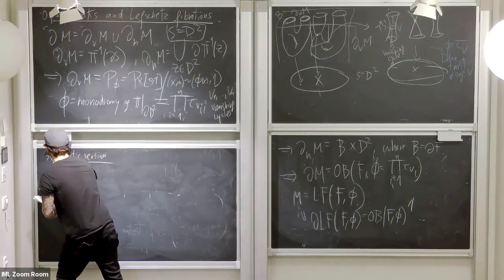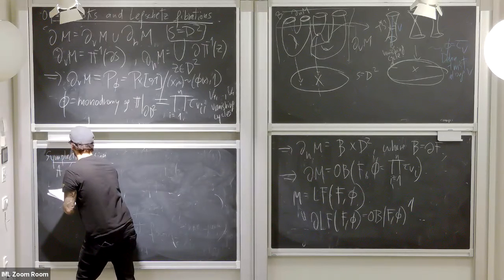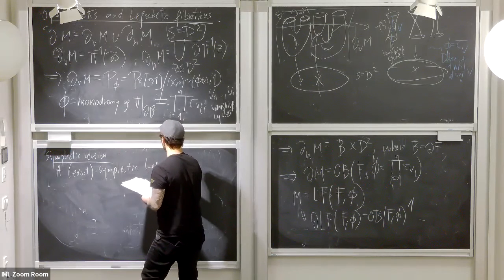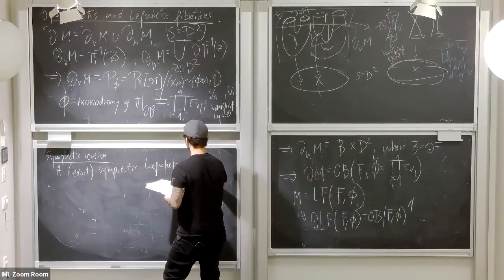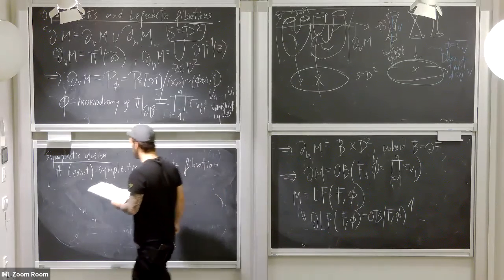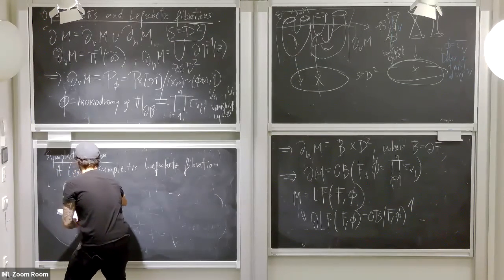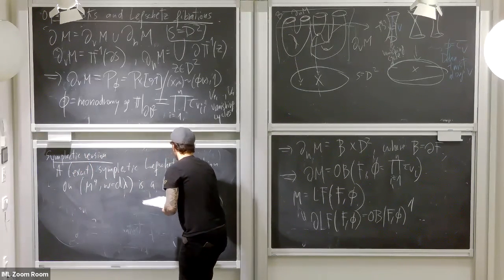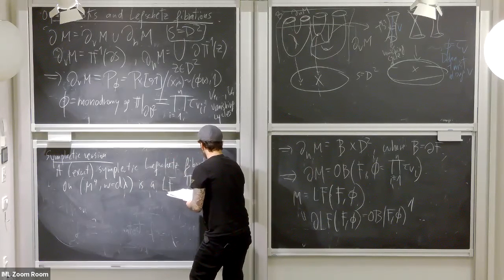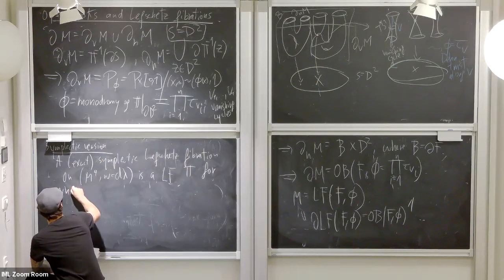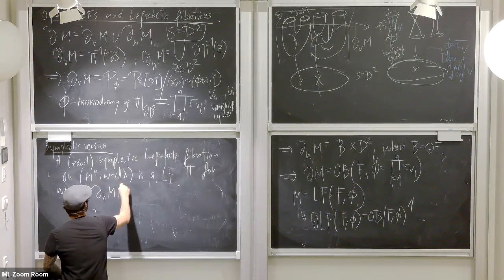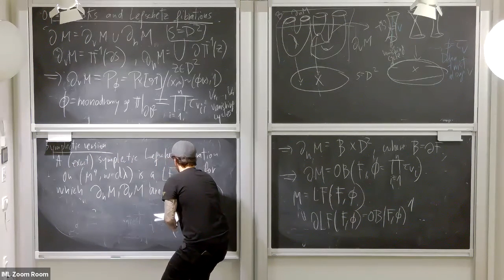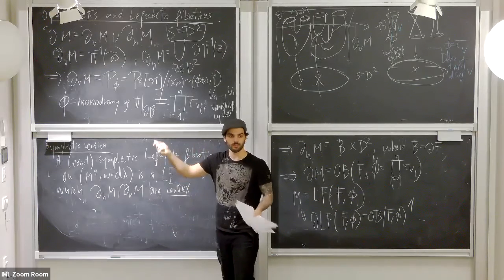So a symplectic Lefschetz fibration, or let's say an exact symplectic Lefschetz fibration on a symplectic 4-manifold is a Lefschetz fibration phi for which the horizontal and vertical boundaries are convex. This means that the Liouville vector field is outward pointing along each of them.